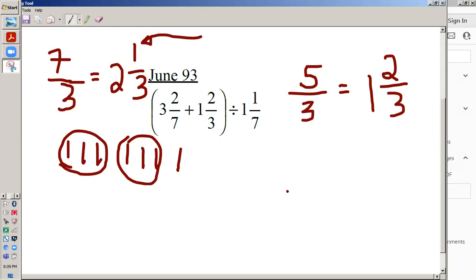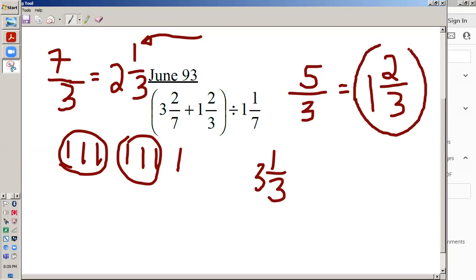And if I give you a mixed fraction, you should be able to write it as an improper fraction. So for example, to get from this mixed fraction back to that improper fraction, I would simply say 1 times 3 is 3, and then add 2 to it to give me 5, and write out the same 3. You follow?